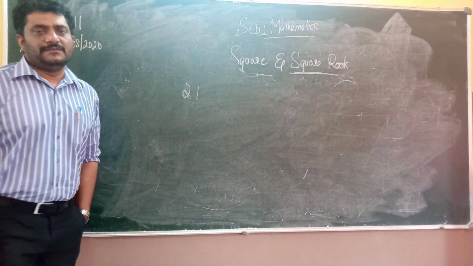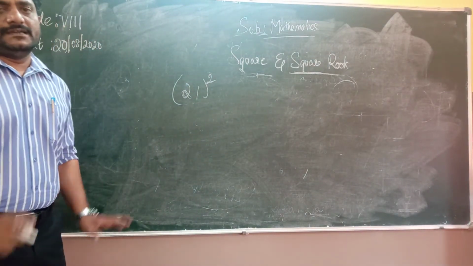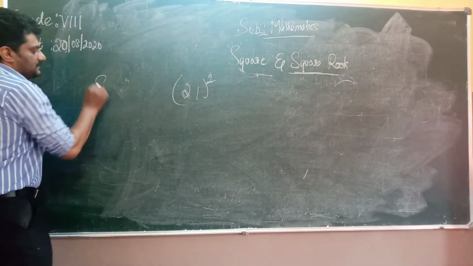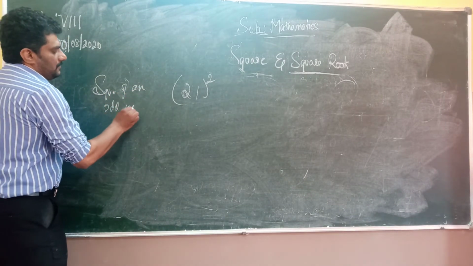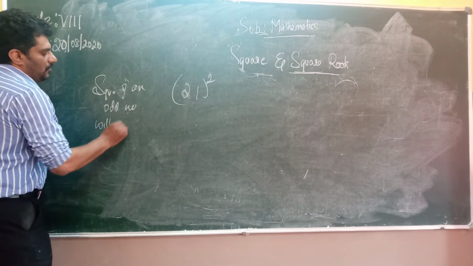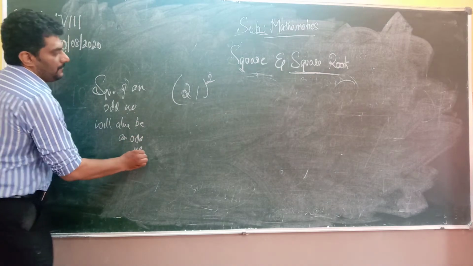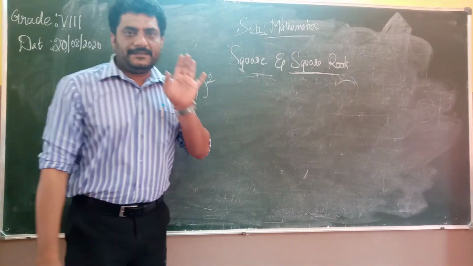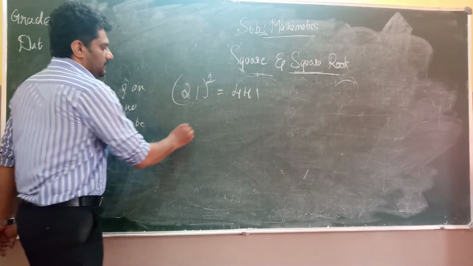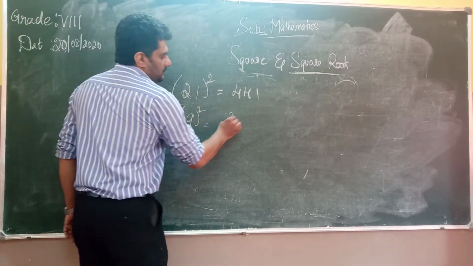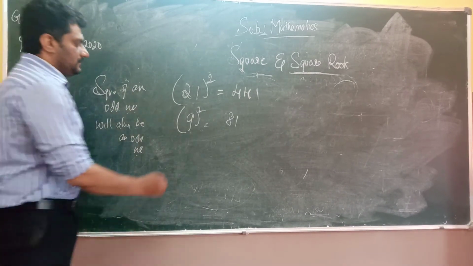If you have to find the square of an odd number, remember this, square of an odd number will always be an odd number. See here? All these are odd numbers. When you are finding the square of an odd number, it always ends up with an odd number.